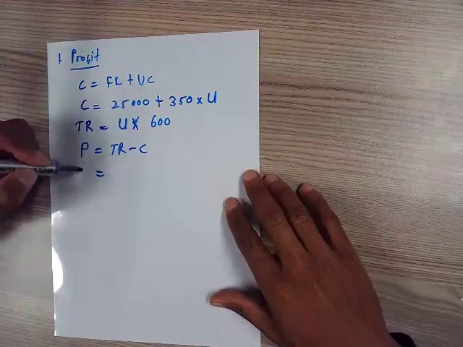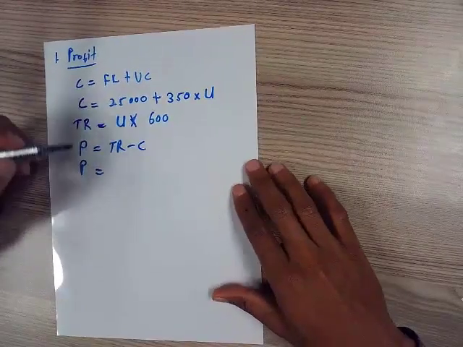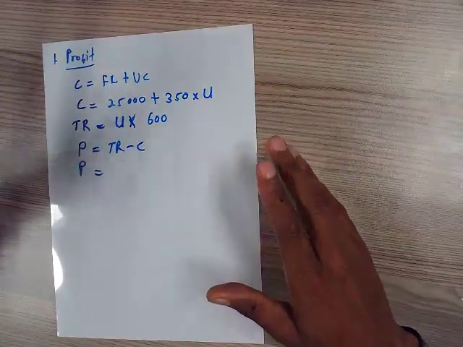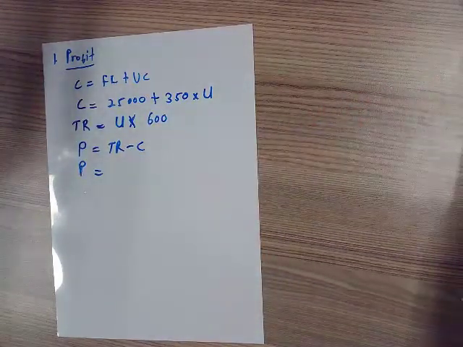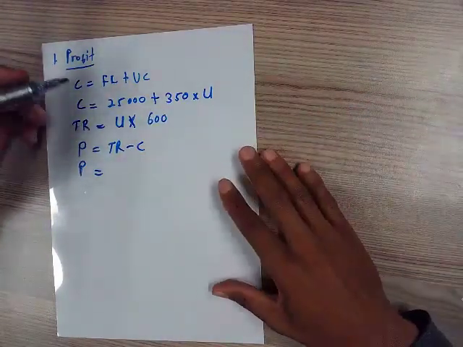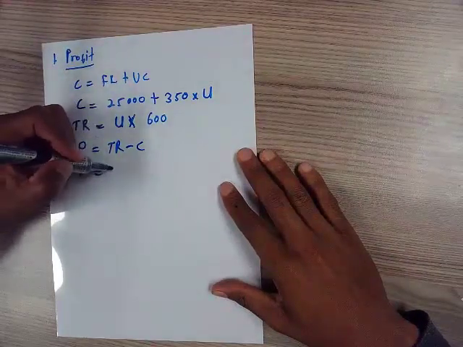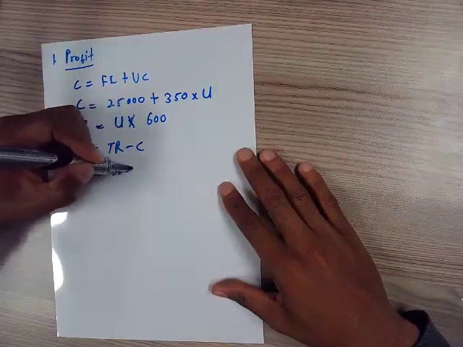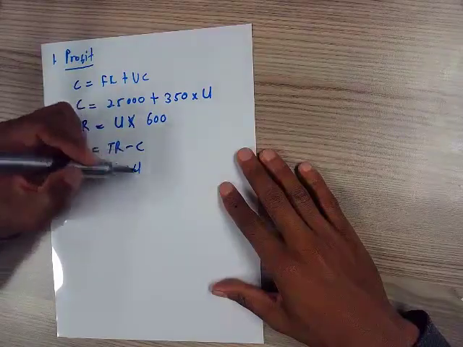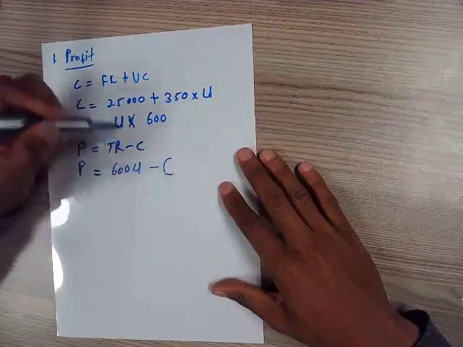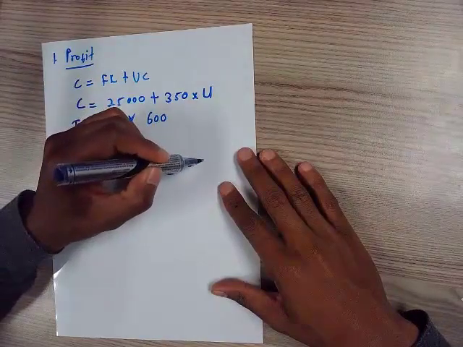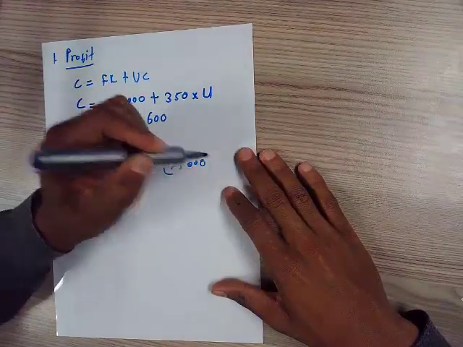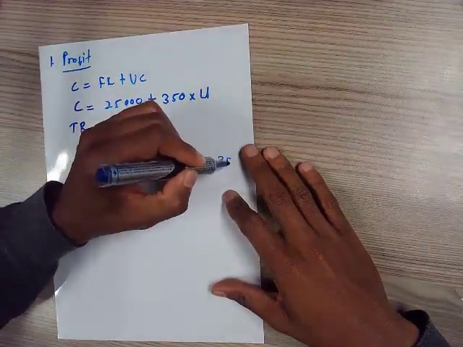That's your profit. Your total revenue is more like your sales, basically, minus the costs, right? So it's 600 units, minus your cost, which is 25,000 plus 350 units.